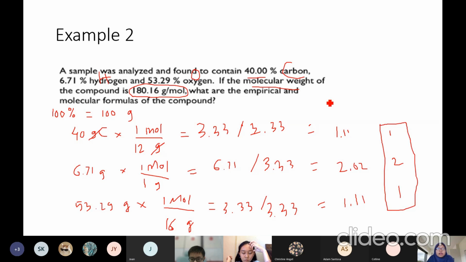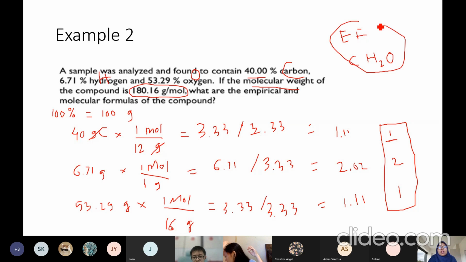So what is the empirical formula? The empirical formula is the simplest form, showing how many carbon atoms? Only 1 carbon atom, 2 hydrogen atoms, and 1 oxygen. This is the empirical formula: CH2O.